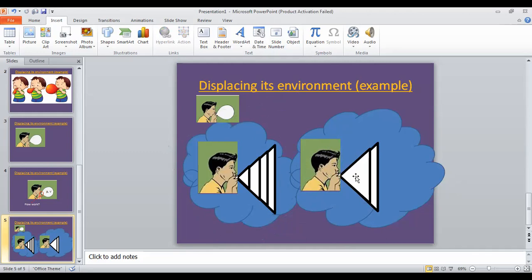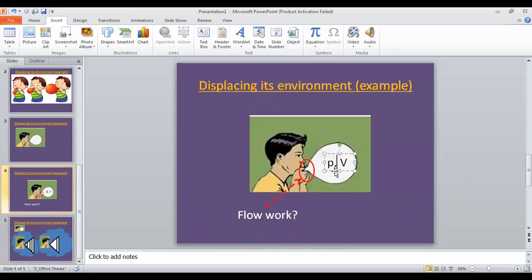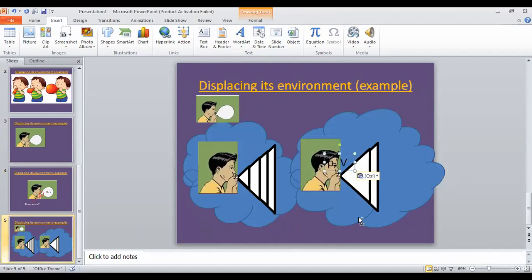Maybe the balloon is already big in size, and there is a sizable pressure and volume, PV.